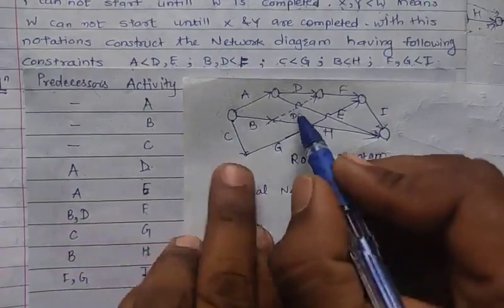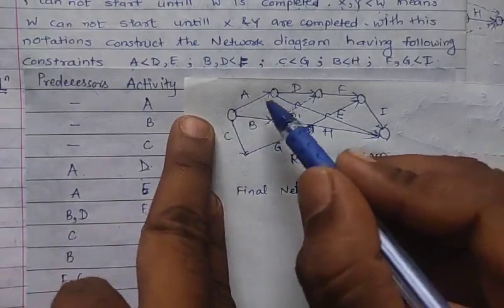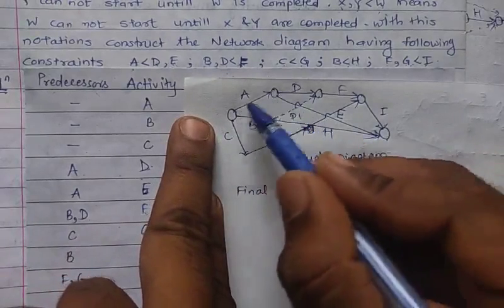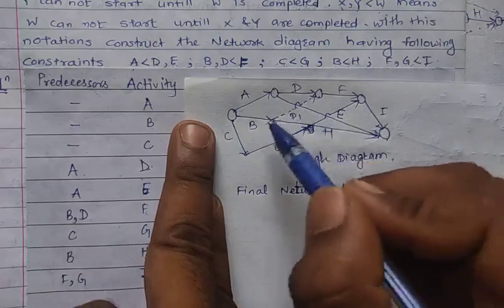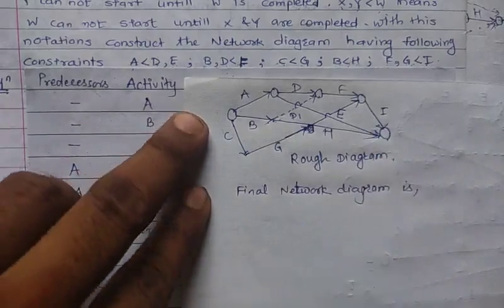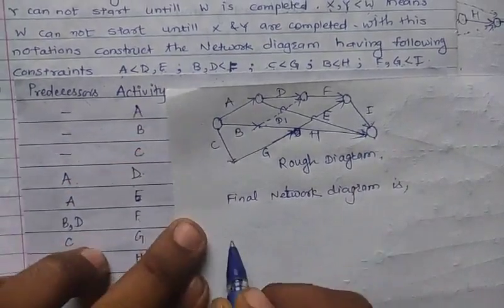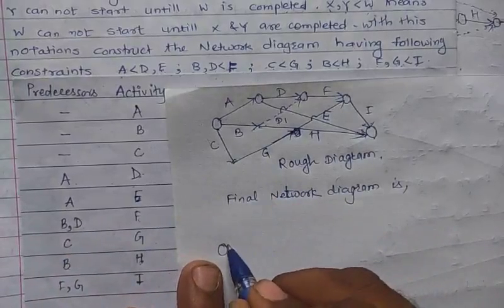Now to avoid this bridging and crossing, we take event A below event B, then the bridging or cross line will be removed. So let's draw. So first event. Okay, from that first event, I will draw.